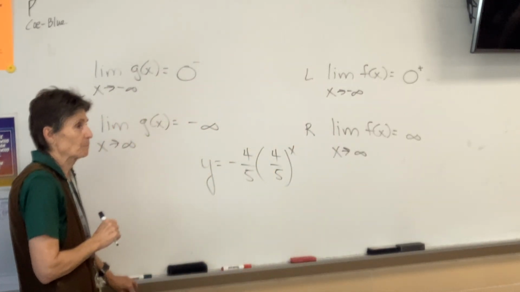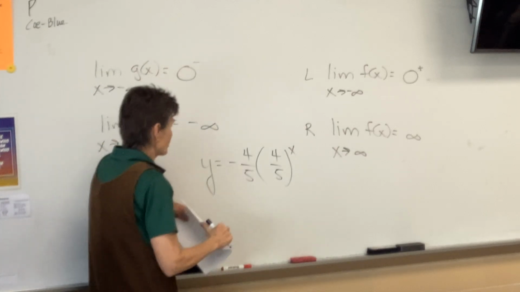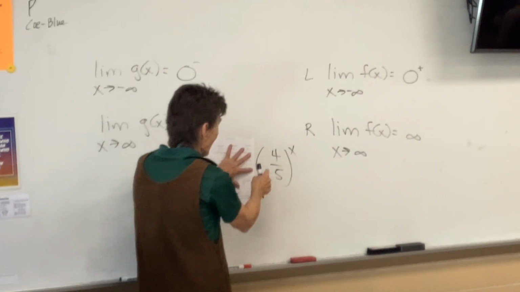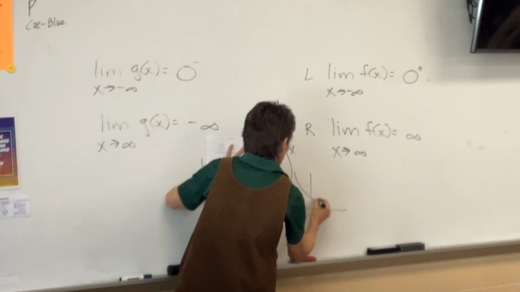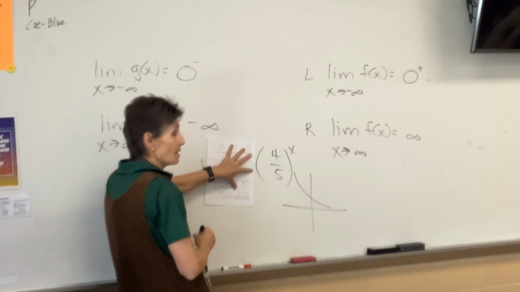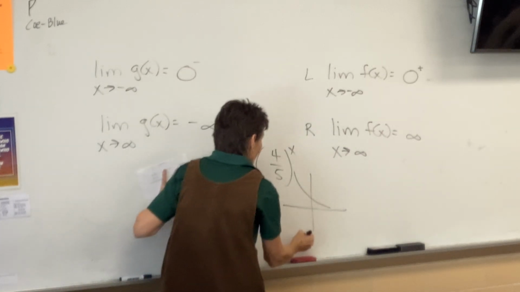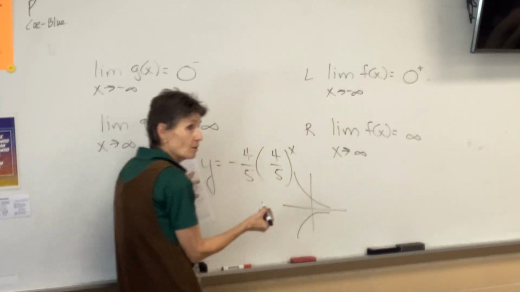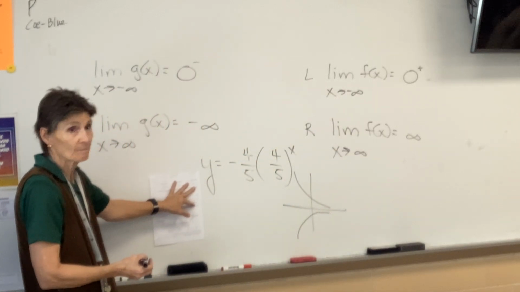I'm going to start with that because that right there is decay. Would you agree with me? But I put a negative out in front of it, which turns it over, and that's actually a growth equation.